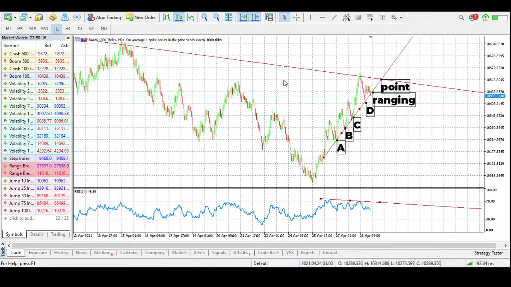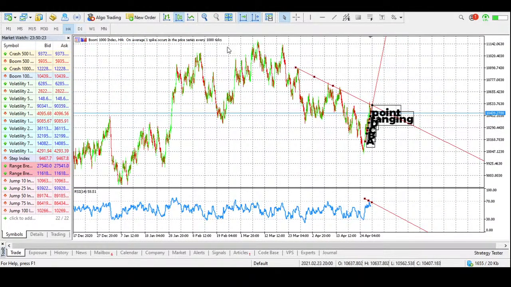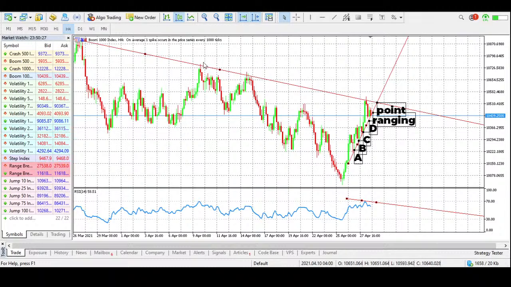All right. So when it trends downward, it confirms with our H4, which is telling us that the price is going to bounce off from a resistance.